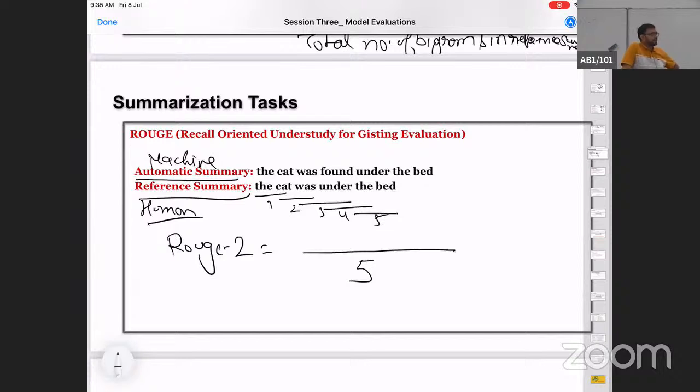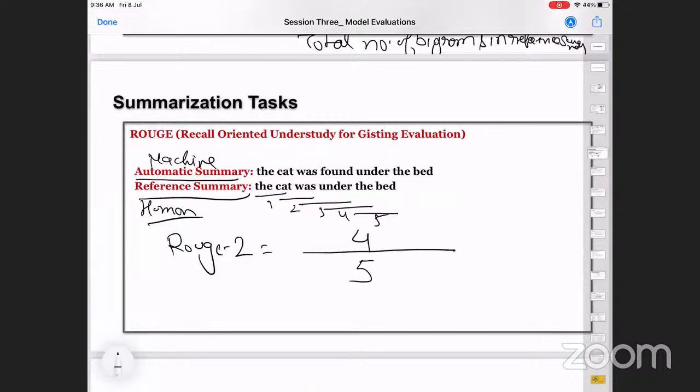In the numerator, the number of common bigrams between the reference summary and the machine generated summary. What will be that value? It cannot be 7, it cannot be more than 5. We have 4 only. It will be 4. The cat was found under the bed. Number of common bigrams. So let us see.